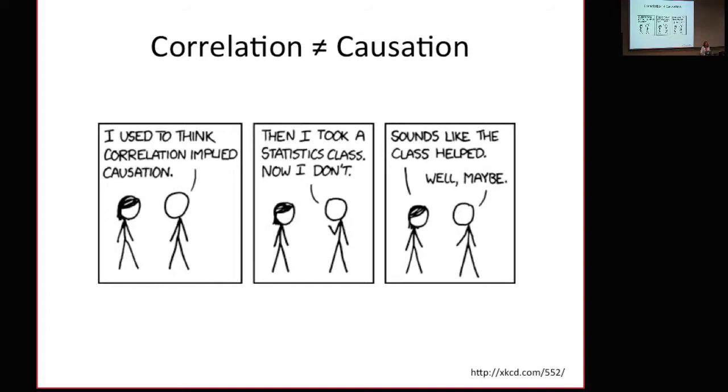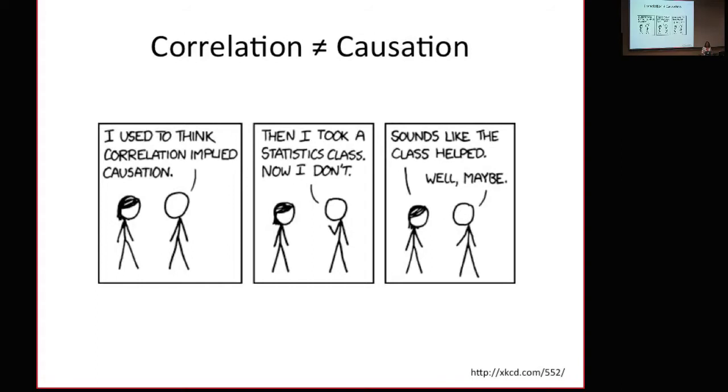Because what often happens is you have something else that's driving the difference that you're seeing. These are called confounders in statistics, and they are a huge pain in the butt, like huge. If you are a researcher and you're doing a project, be aware that confounders are a problem. So just because something is correlated does not mean that it's causal. That's the point of this.